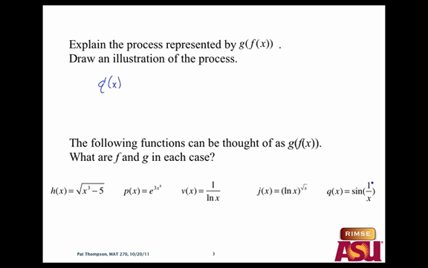So the rate of change of sine is cosine. And we leave the interior function as it is. Then, by the chain rule, we need the rate of change of the interior function, which is negative 1 over x squared.